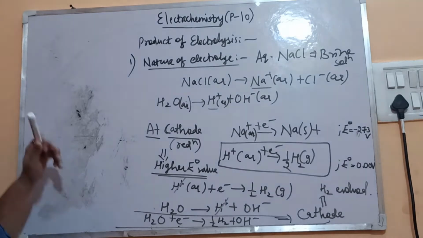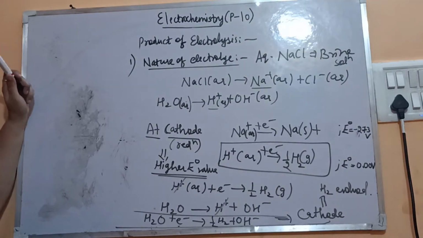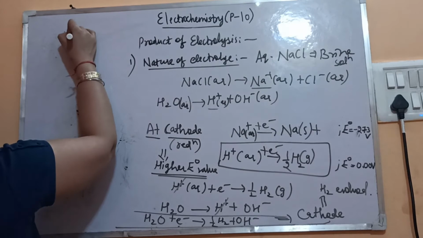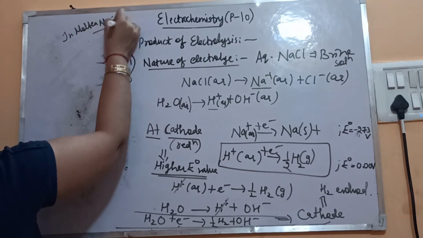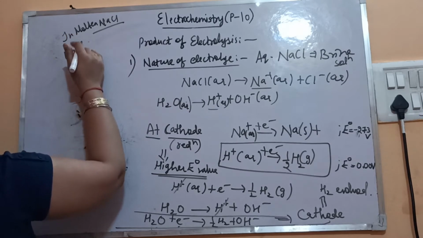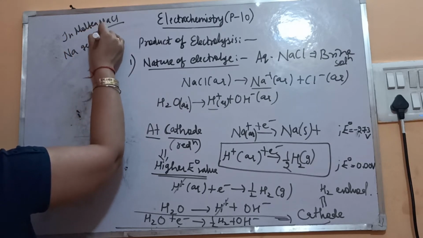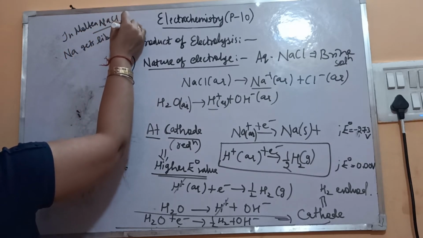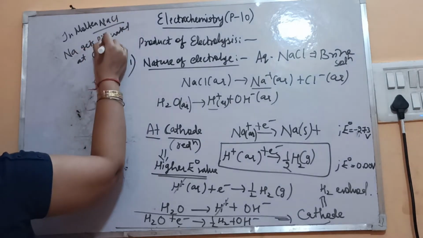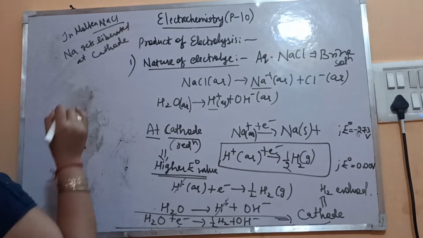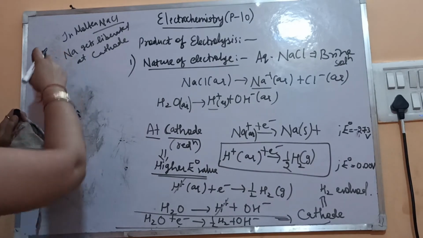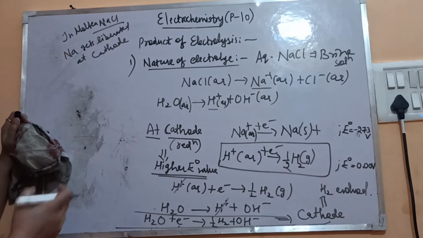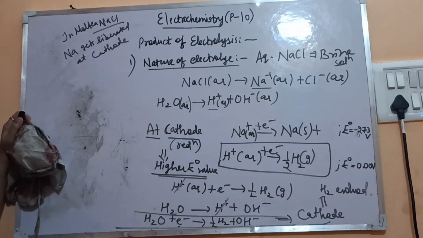Now let's see, in case of molten NaCl, sodium gets liberated at the cathode, because in molten NaCl no competition was there, so only sodium was there, and that only gets evolved at the cathode.